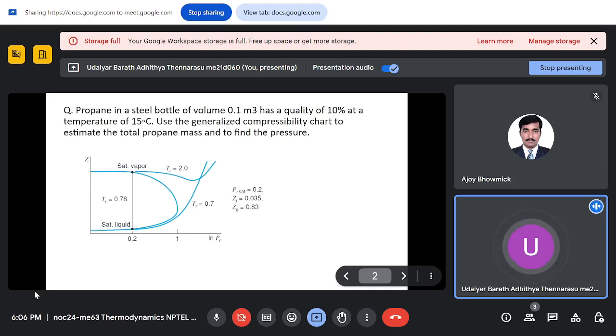In actual scenarios, fluids will not follow the ideal gas equation, so these are ideas people came up with to handle real gases. This propane is at 15 degrees Celsius, and the volume and quality are given. Now we'll see how to calculate the pressure and the propane mass in the cylinder.